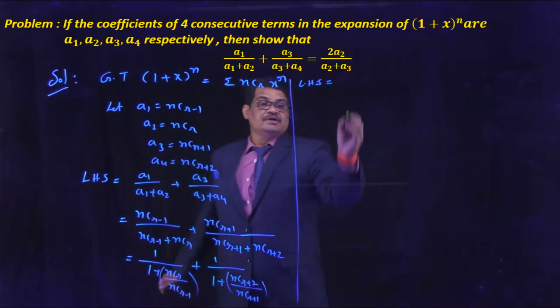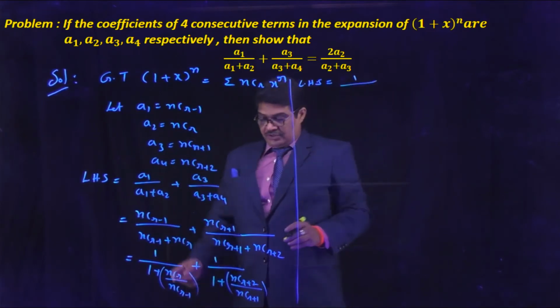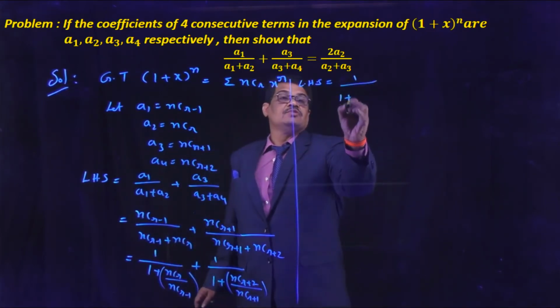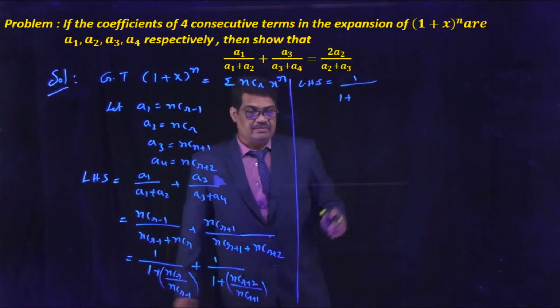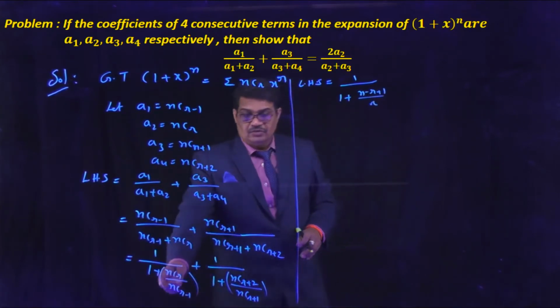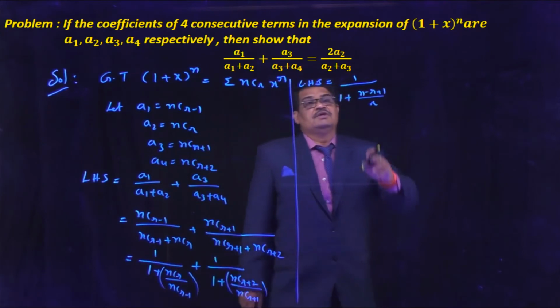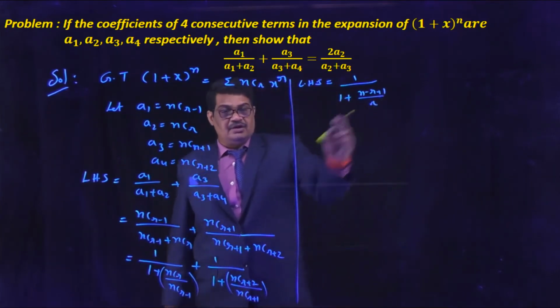now we are writing these values: 1 by, what is here, 1 plus nCr by nC(r−1). What is the value here? (n − r + 1) by r. This is the known formula: nCr by nC(r−1) is (n − r + 1) by r. Okay.